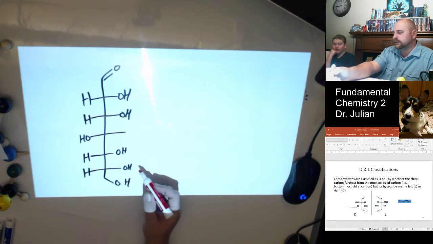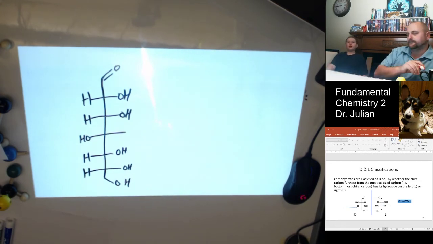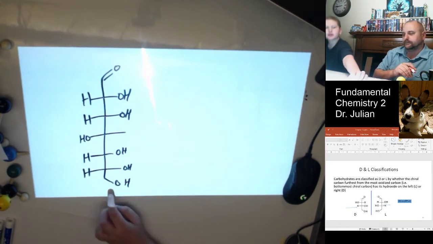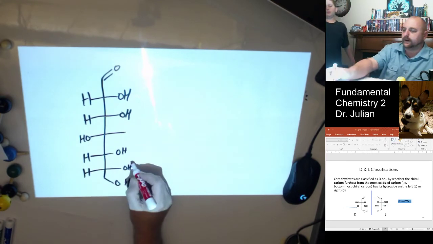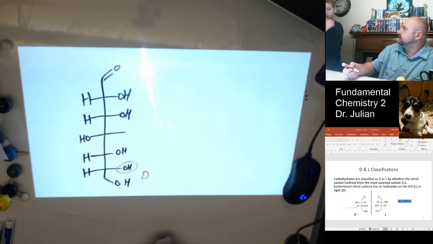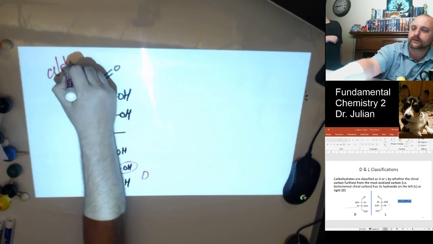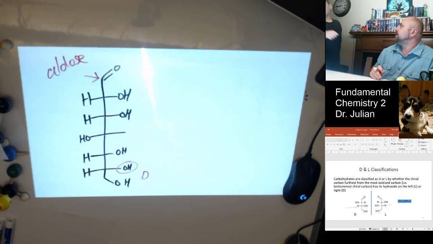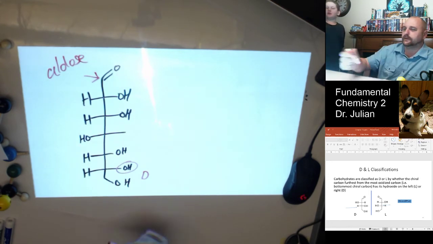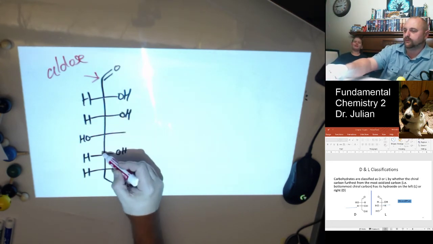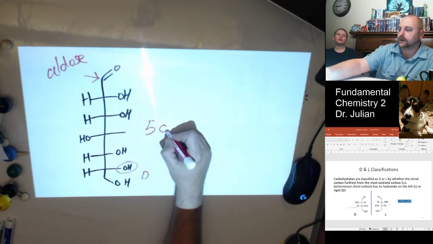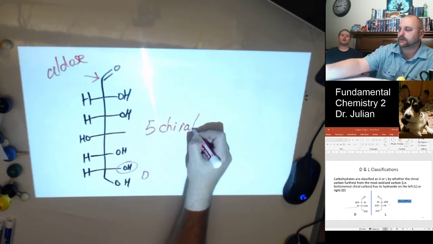Why? Because the last... Point to the one. That one. Yeah, so this one makes it D. This one makes it aldose. And there's 1, 2, 3, 4, 5. There are 5 chiral carbons. Good.